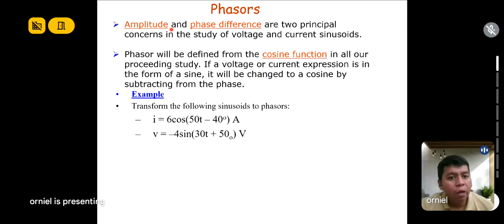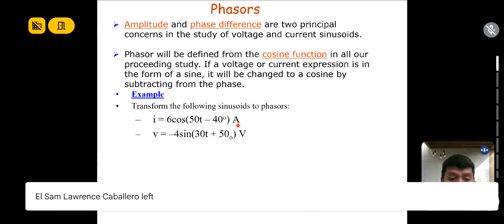For the phasor, you have the amplitude and the phase difference, the two principal concerns in the study of voltage and current sinusoids. For example, how do we transform the following sinusoids to phasor? You have this: this is your current in the time domain, and this is your voltage in the time domain.